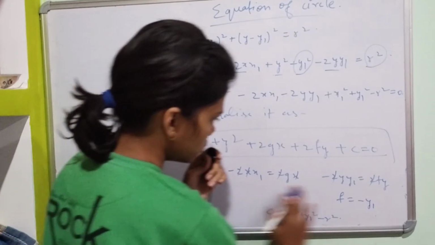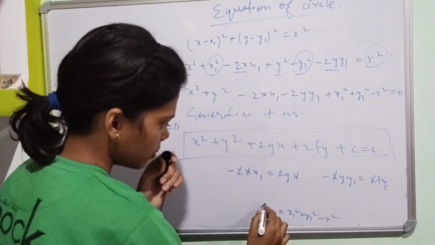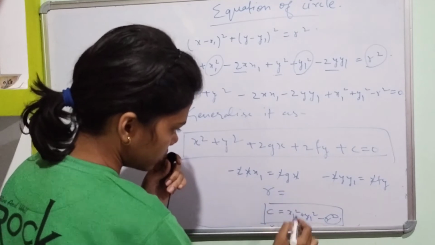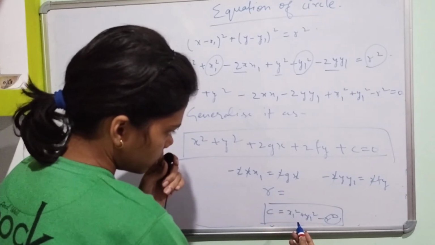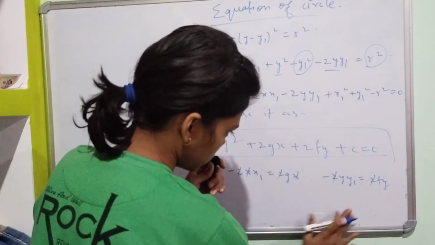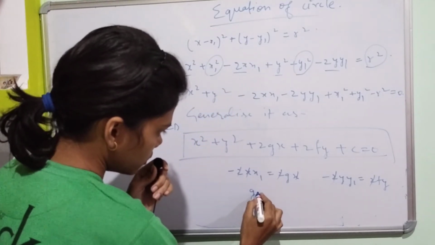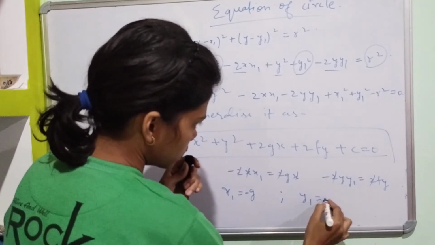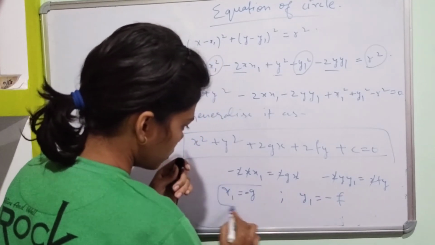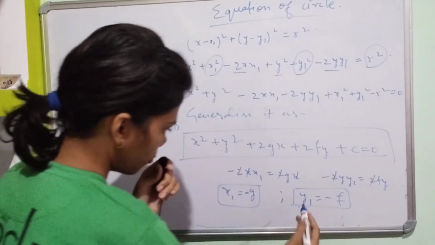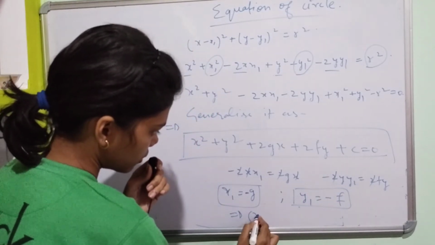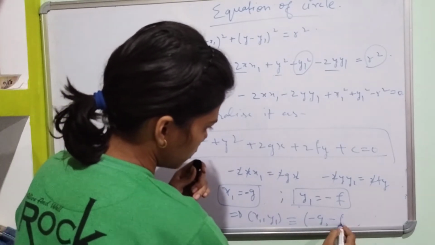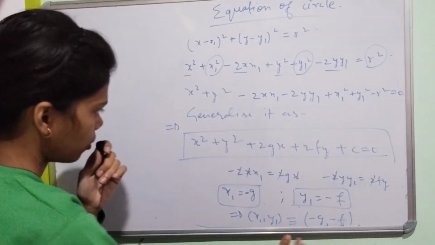So x1 is −g and y1 is −f. Our center was (x1, y1), so equivalently the center is (−g, −f).